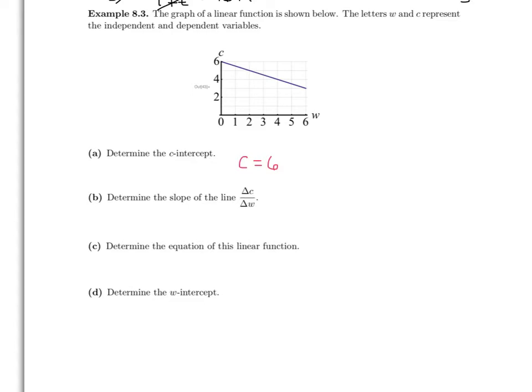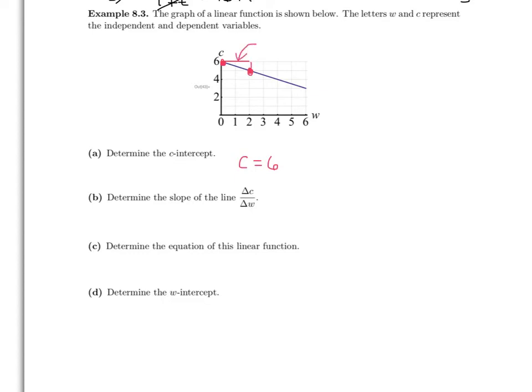So let's see. If we look at this point here and this point here on the line, notice that in order to get from one point to the other, we had to go over 2 places and down 1.